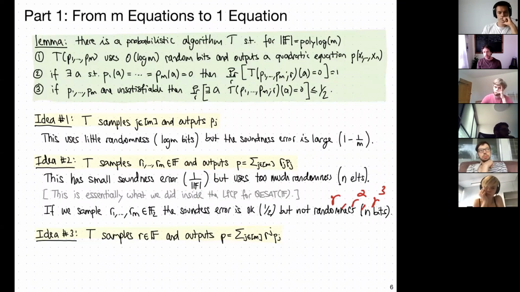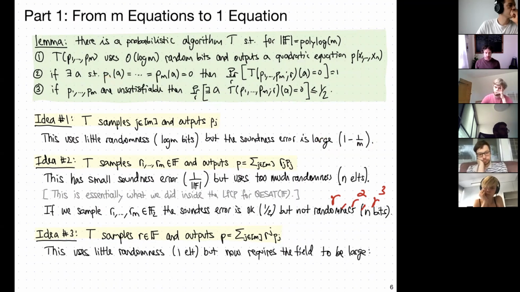But let's take this at the end of the lecture. I'll stay around and then we can write everything down and I'll try to convince you. Also, regarding the question in the chat regarding the soundness of the first idea, this is simply because there are m different equations and we choose one of them in front. Okay, so I have to move on.